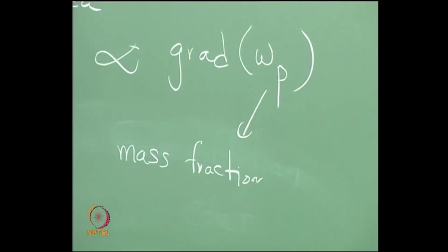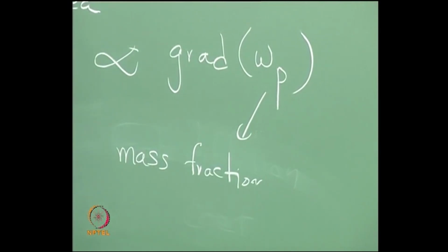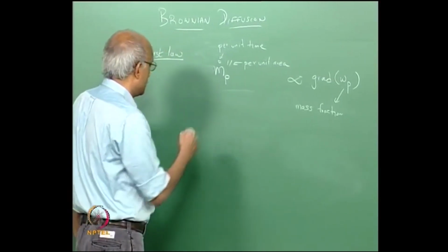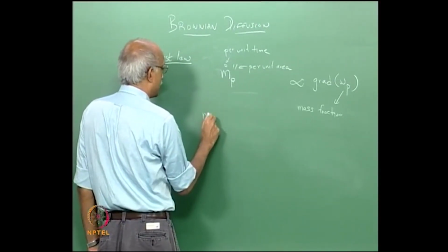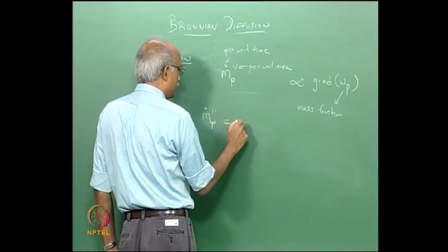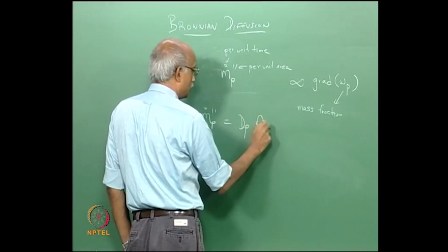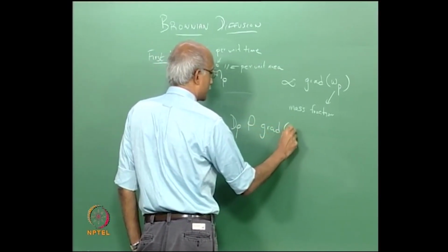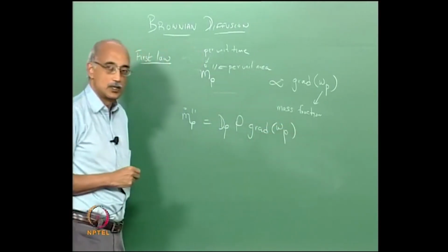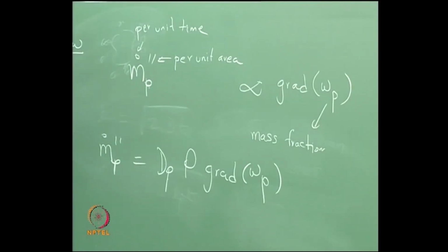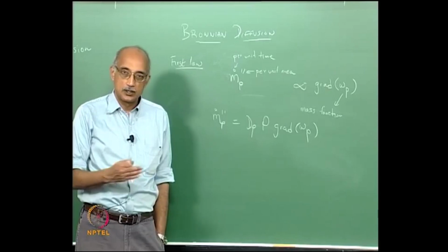According to Fick's diffusion law, flux always happens down a concentration gradient and it is proportional to the concentration gradient. In its full form, you can write this as MP dot double prime equals dP times rho times the gradient in omega p, where dP is again the Brownian diffusivity, rho is the density of the surrounding fluid, and the gradient in omega p is the mass fraction gradient that drives the diffusion process.